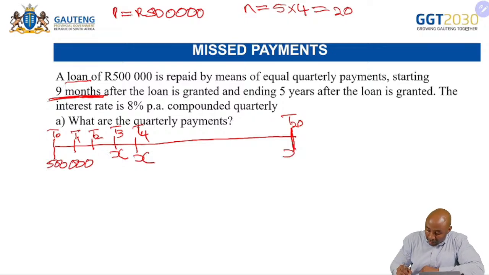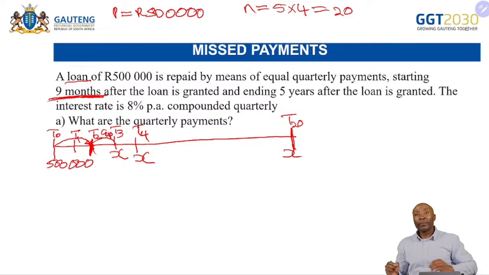But what do we realize? We are having 2 quarters where no payment was made. So the new present value, the loan amount, we must calculate it at T2, then we have our gap to start our payments at T3. Remember, there should always be a gap.